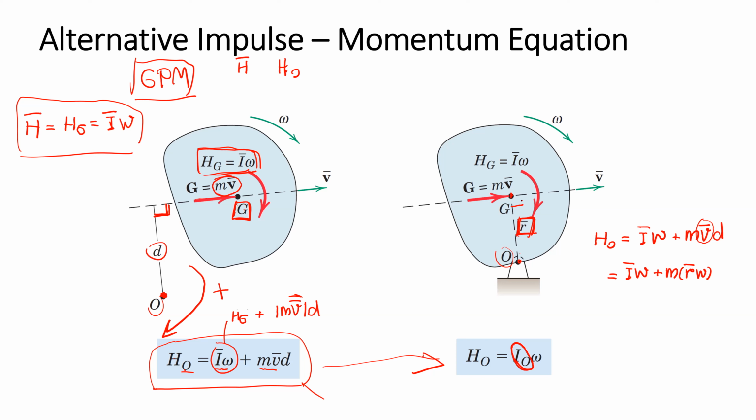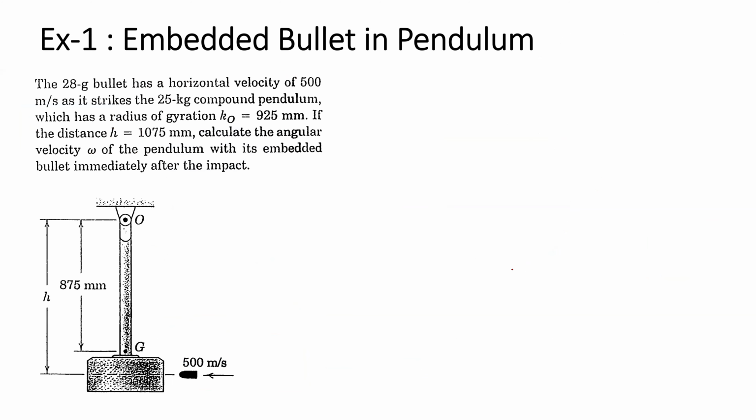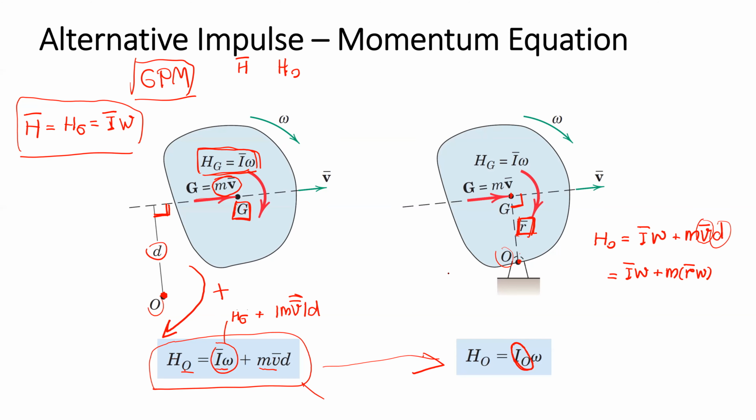And the orthogonal distance d. What do we mean by fixed point O? Fixed point O means the velocity of point O equals 0. At point O, the rigid body is pinned on a support. We cannot have displacement at point O of the rigid body.